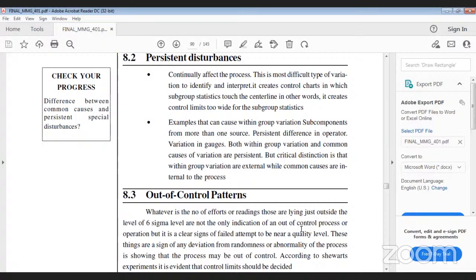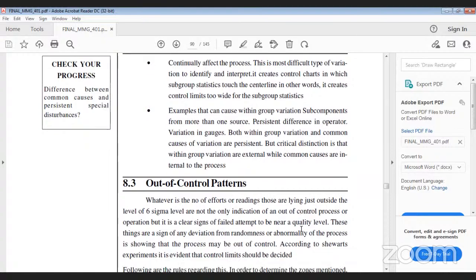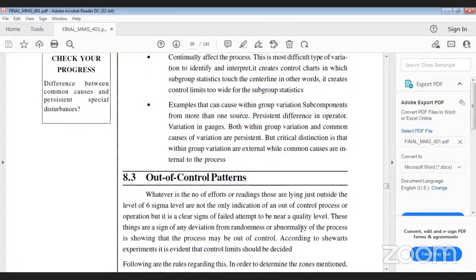According to Stewart's experiments, it is evident how the control limits should be decided. Following are the rules regarding this. In order to determine the zones mentioned here, I suggest the following.